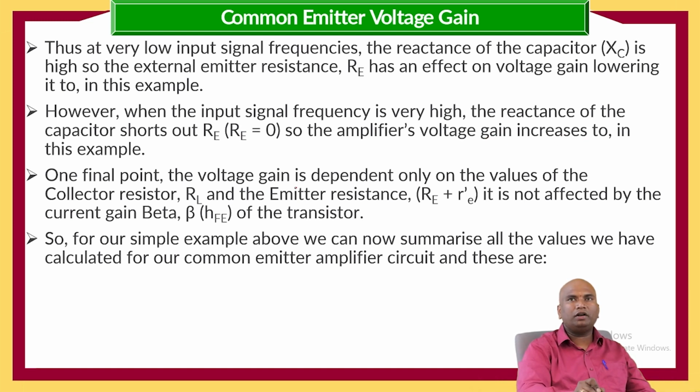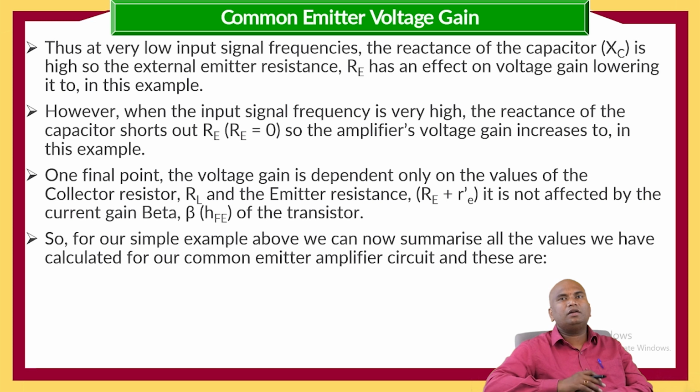And one final point, the voltage gain is dependent only on the values of collector resistance, load resistance, and emitter resistance, and is not affected by the current gain beta of the transistor. Here the voltage gain does not depend on the beta value.